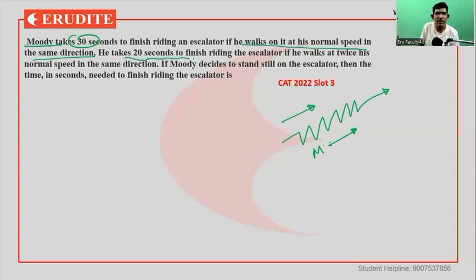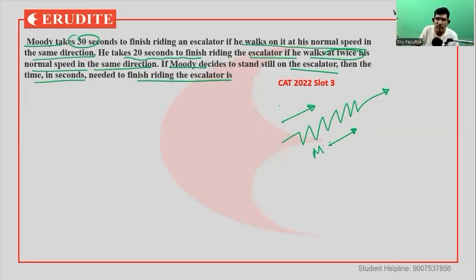He takes 20 seconds to finish riding the escalator if he walks at twice his normal speed in the same direction. If Moody decides to stand still on the escalator, what is the time in seconds needed to finish riding the escalator? Quite simple.